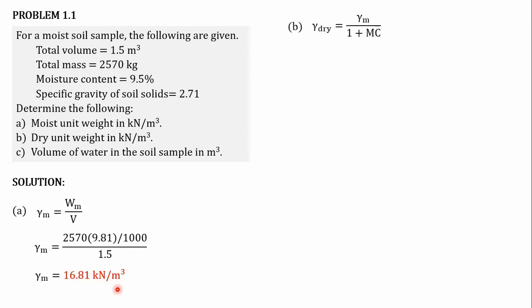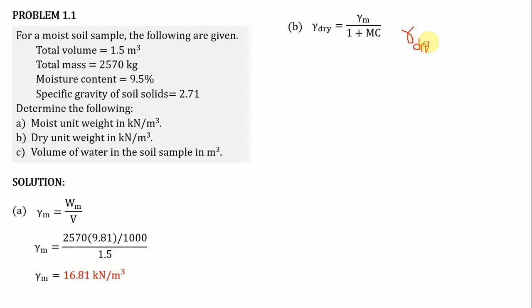Okay, so B. Determine the dry unit weight in kilonewton per cubic meter. Dry unit weight is equal to the unit weight ng moist divided by 1 plus moisture content. 'Di ba dalawa yung formula niya? Ito yung unang formula na derive natin.